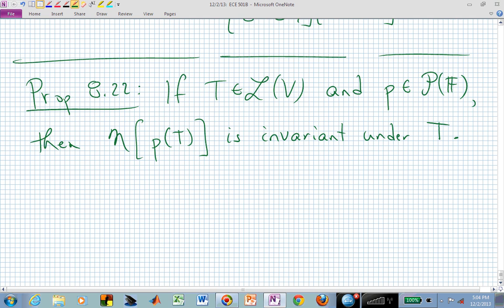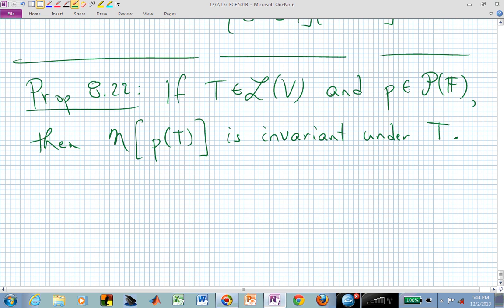If it has a 0 null space, then this really doesn't tell us much, does it? T0 is equal to 0. That's pretty obvious. This is only neat when it has a non-trivial null space, this P of T.